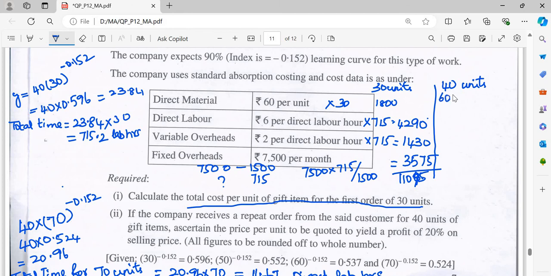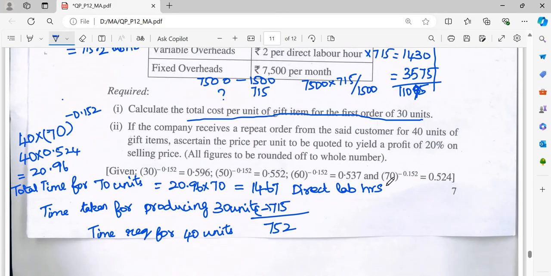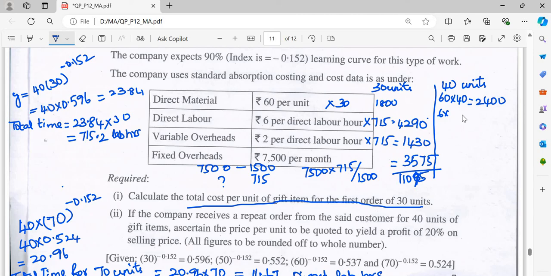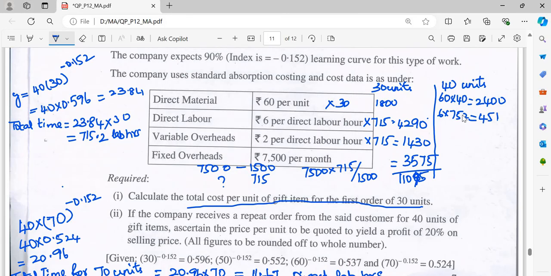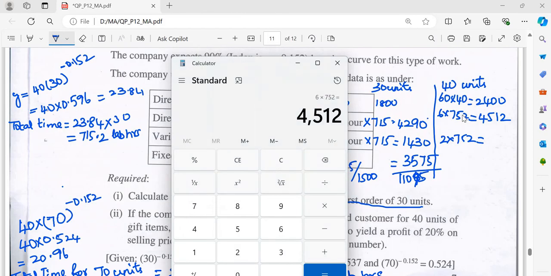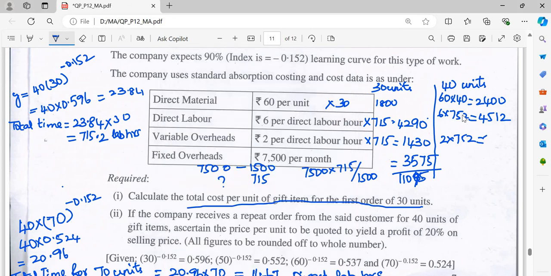That is 60 into 40, 2400. Here 6 into how much time we require? 752. So 6 into 752. That is 4512. Again here variable overheads 2 into 752. 1504.